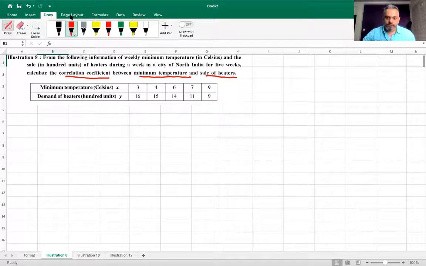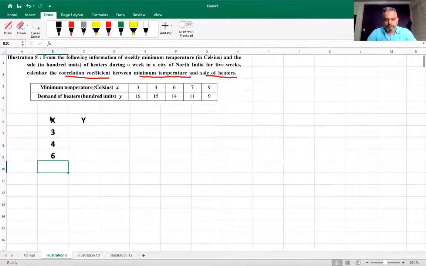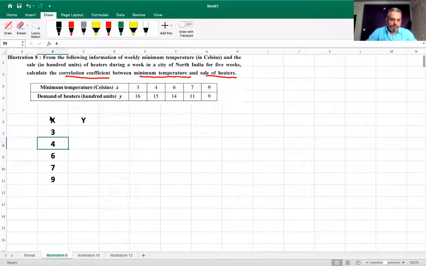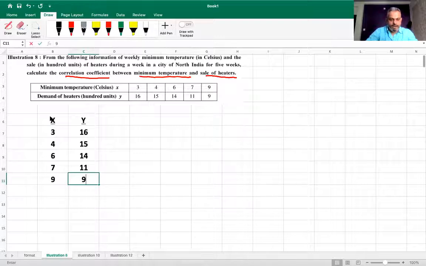Now, first, let's write the question. You can visibly see that the numbers are small. So first let's write the question and find out x bar and y bar. x: 3, 4, 6, 7, 9. y: 16, 15, 14, 11 and 9.